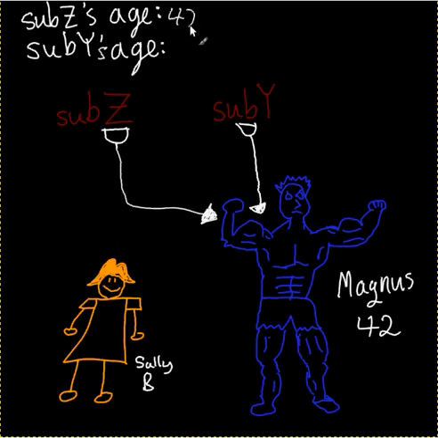And we say, hey, sub y, what's your age? It says, well, I'm also connected to Magnus, so I'm also going to give you 42 years old. In a sense, we have two different variables, sub z and sub y, but at the end of the day, they're two different object references that reference the same object, and that object is Magnus.